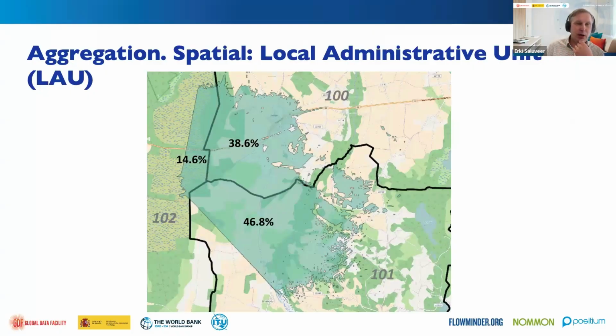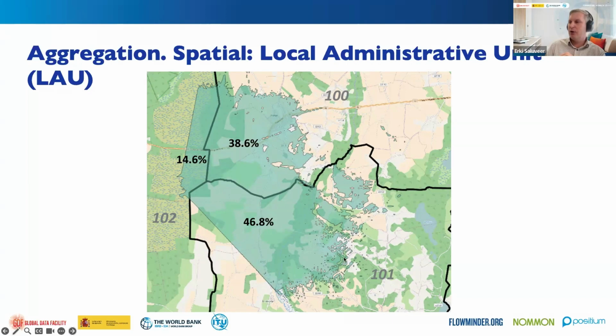One example of how the aggregation happens and why these spatial interpolation methods are important. Here you have an example of aggregation into local administrative units. I think it's on level 2, so it's municipalities from Estonia, and we can see here that this green area is one cell coverage area.